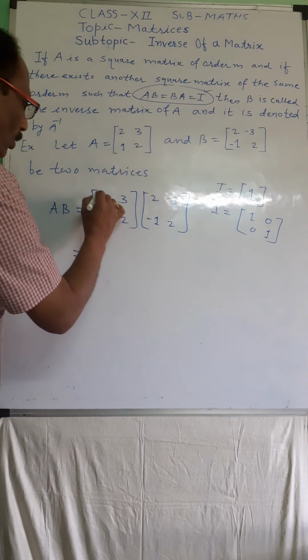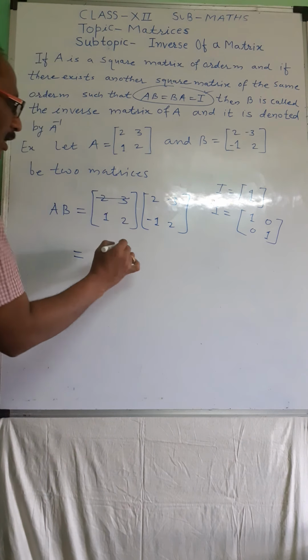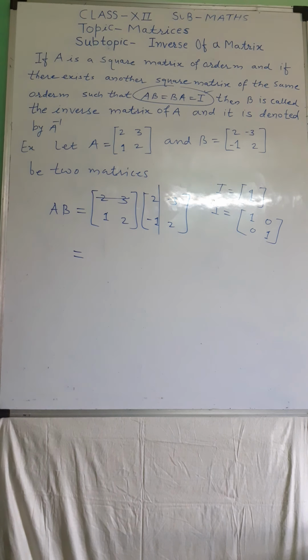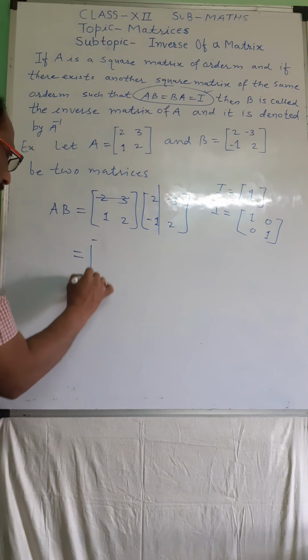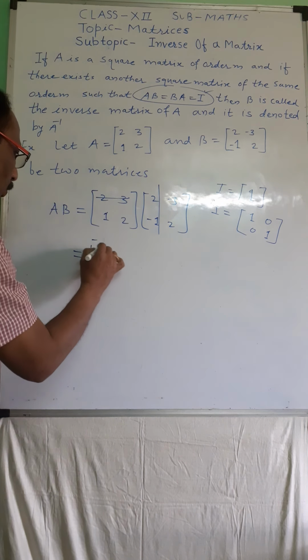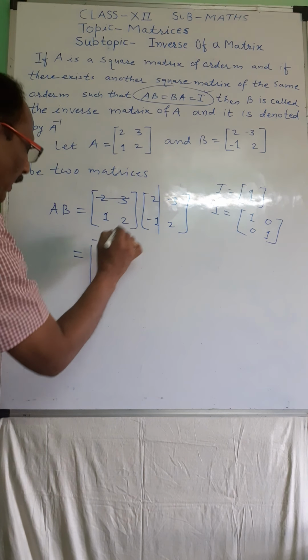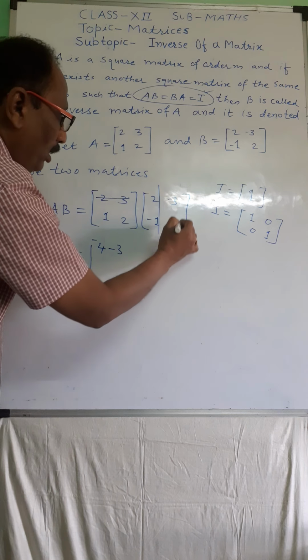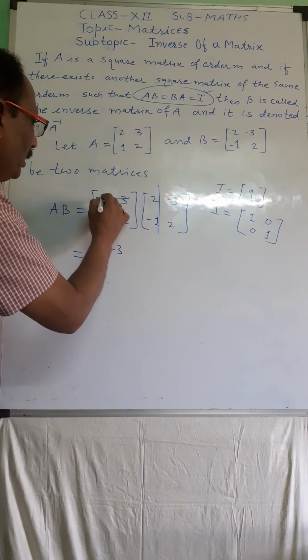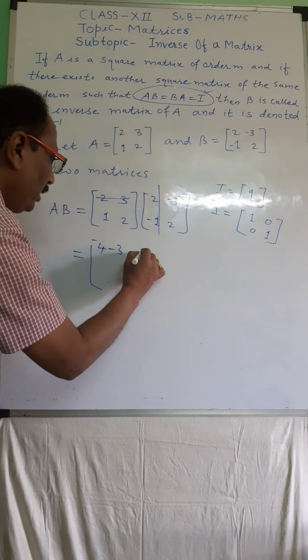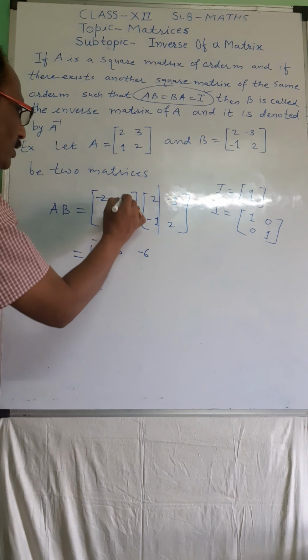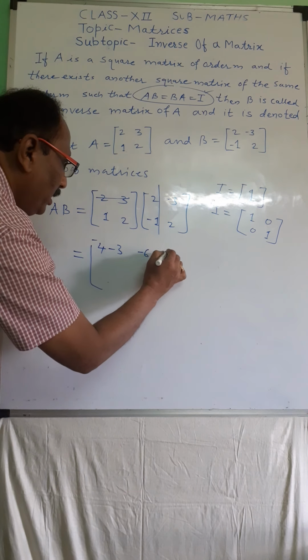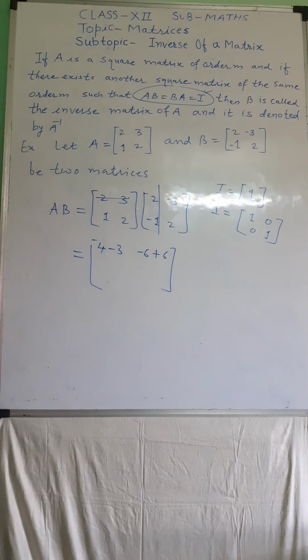we take the first row, 2 3, and the first column, 2 minus 1. We get 2 into 2, that is 4, then 3 into minus 1, that is minus 3. First row 2 3, second column minus 3 2: 2 into minus 3, that is minus 6, and 3 into 2, that is 6.